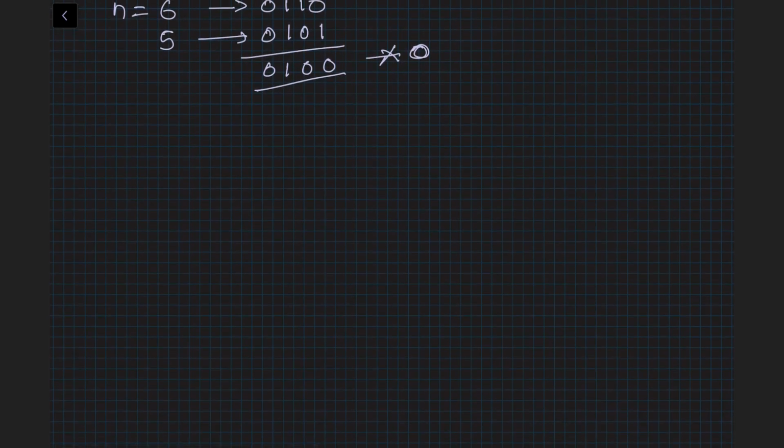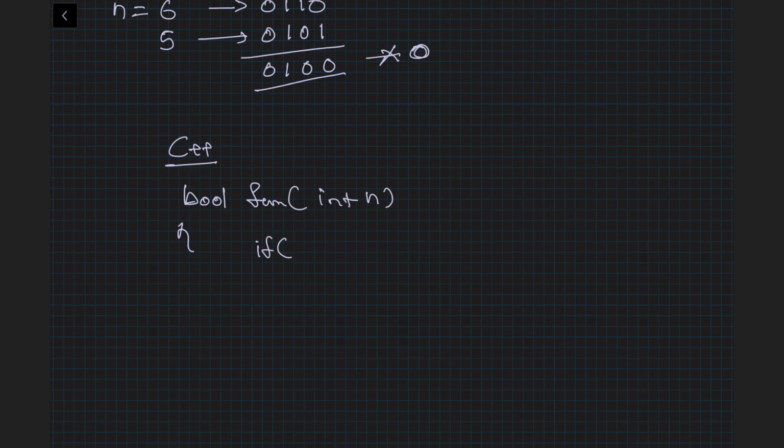Let's understand this with code. It's very easy. I'm going to show the C++ code here. We have a boolean function which gets a value n. First we have to check if the given number is positive or not.